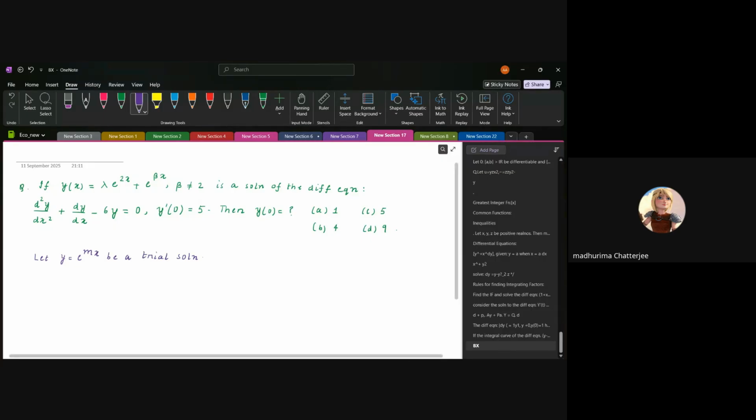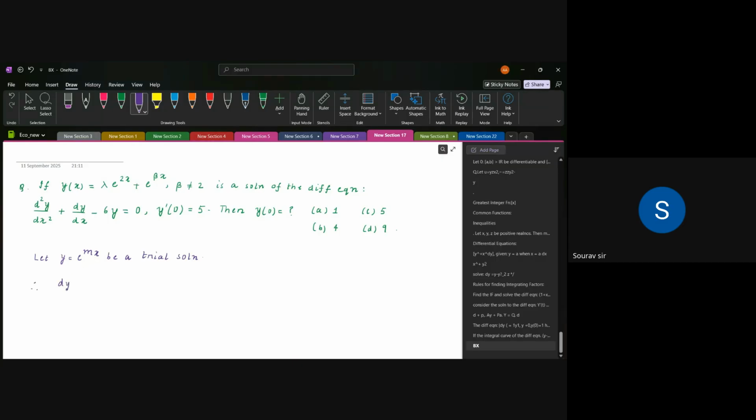So we can compare the coefficients with the auxiliary equation and get that beta is equal to -3. So the process to get the auxiliary equation begins with the trial solution, right? Yes, absolutely.